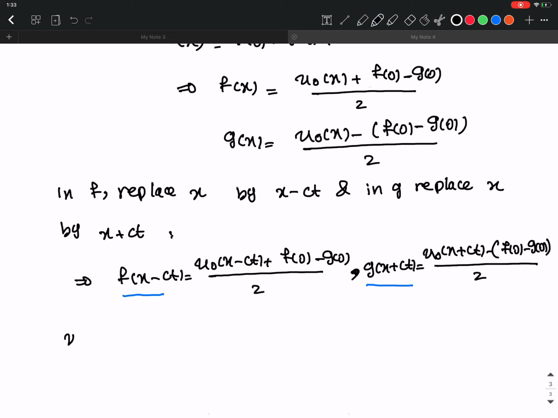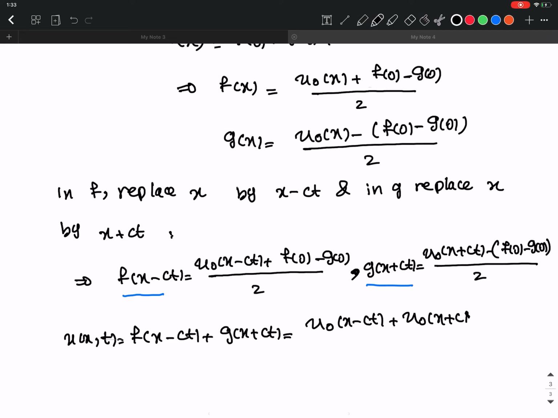So based on the D'Alembert's equation, which was saying u(x, t) equals to f(x minus ct) plus g(x plus ct), I can just combine these two equations, and what I'm gonna get is u naught (x minus ct) plus u naught (x plus ct) over 2.